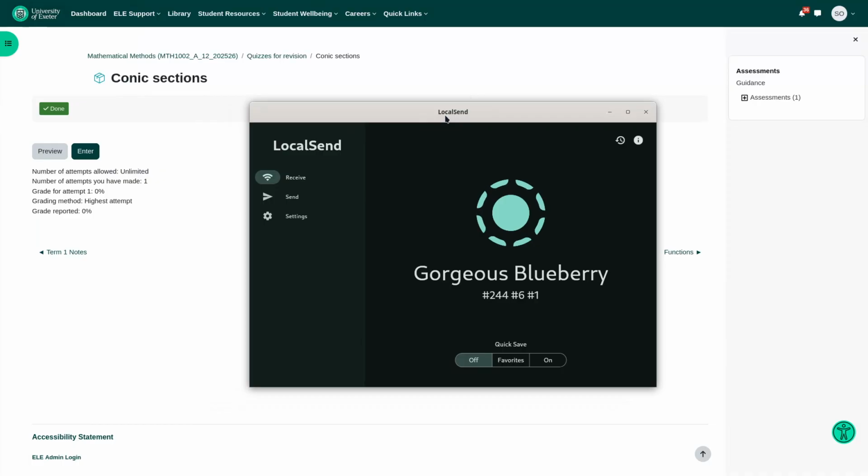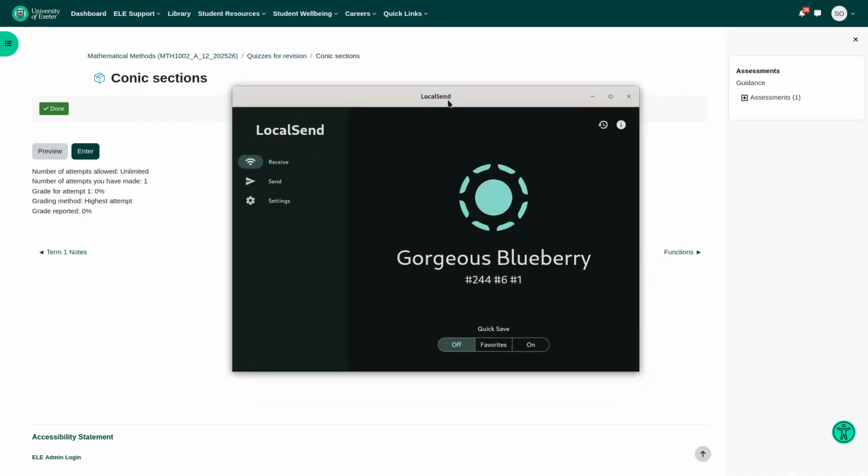Where's the file? I literally had this 2 seconds ago. It was in my downloads. Okay, and now it won't let me share the file.